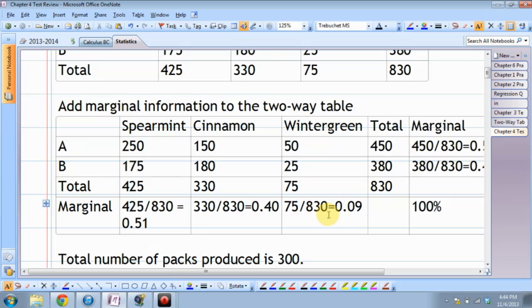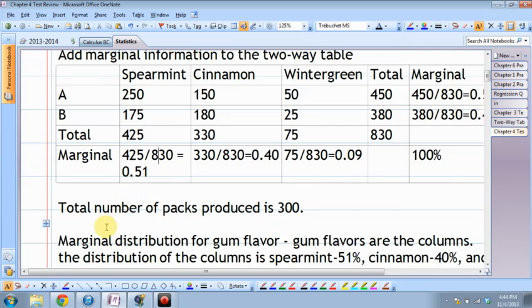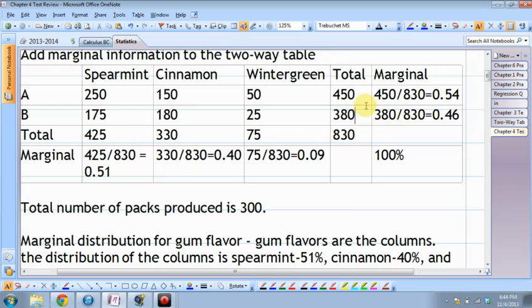The marginal distribution for gum flavor. The marginal distribution for factory production, however, is you take the factory total and you divide by the grand total.